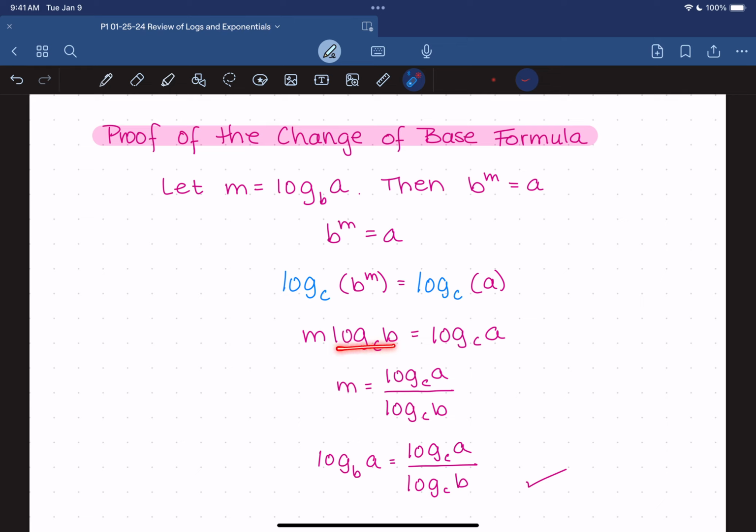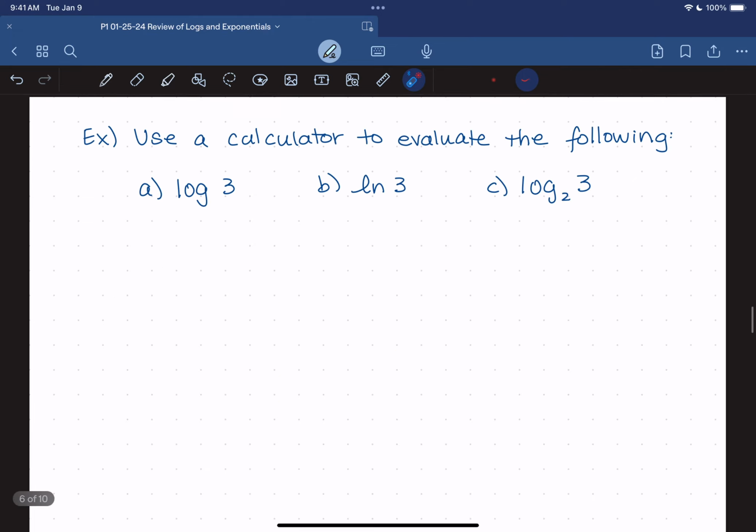And if I divide both sides by log base c of b, and then replace m with what it equaled, I get the change of base formula. So if you need to take more time looking at those screens, feel free, go ahead. But now I'm going to move on to just using the properties a little bit.